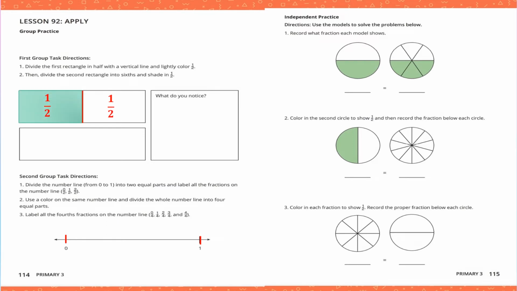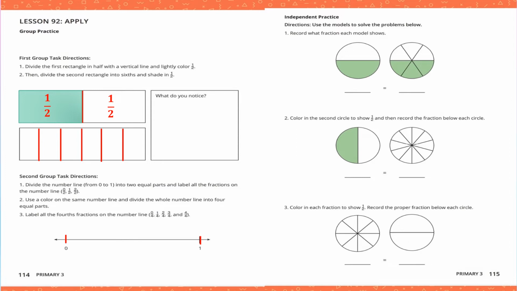Number 2, then divide the second rectangle into 6 and shade in 1/2. So I need to divide the second rectangle into 6 equal parts. So I will make 5 dashes. 1, 2, 3, 4, 5.